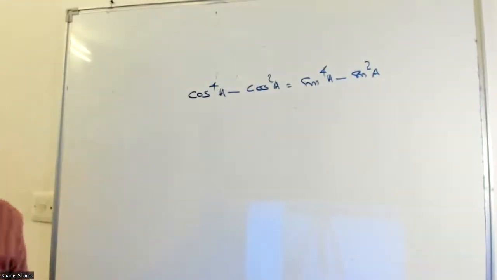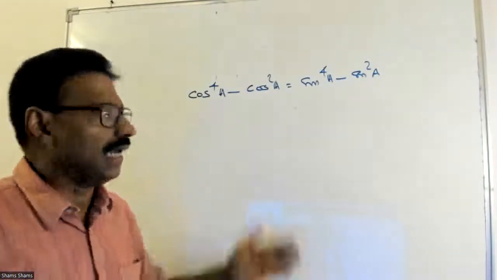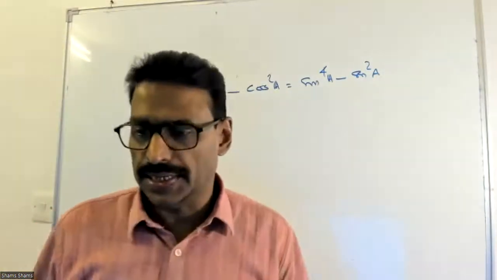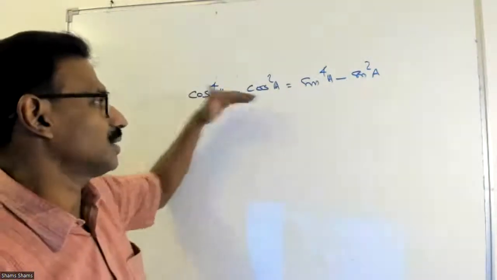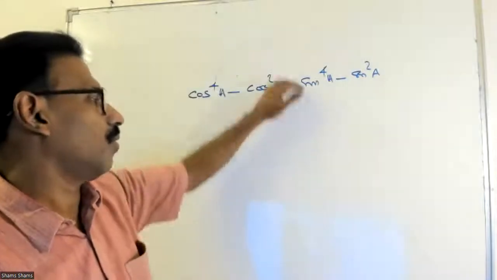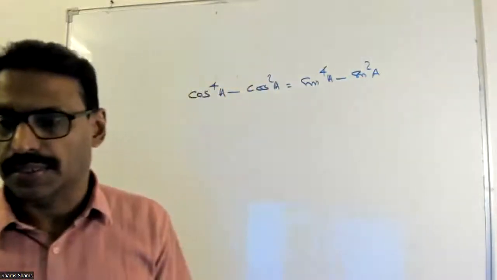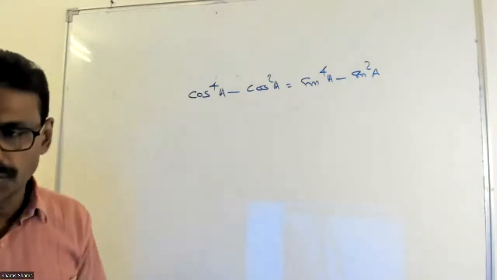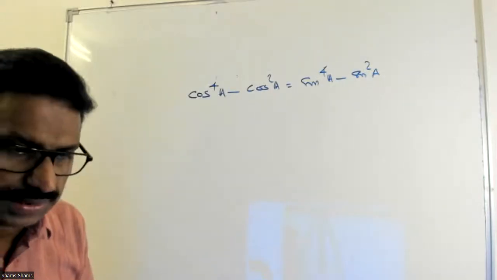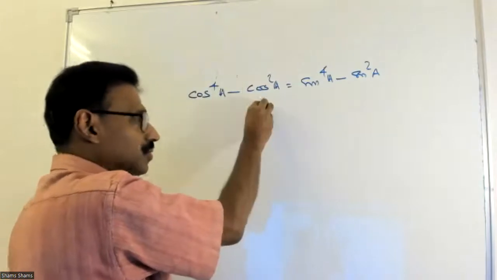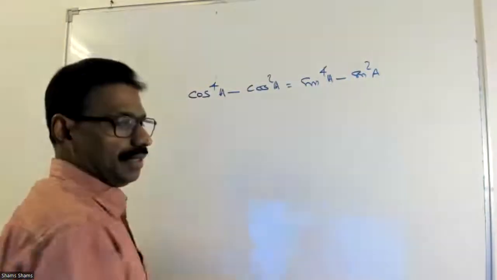Okay, I'll give a hint. Look at the LHS, only cos. The RHS is what? Sine. So all cos are converted to sine, then we will get the RHS. Okay, try it out. Idea understood now? In the question itself, we can understand. All this cos raised to 4a, cos square a, you convert to sine. Okay, try it.